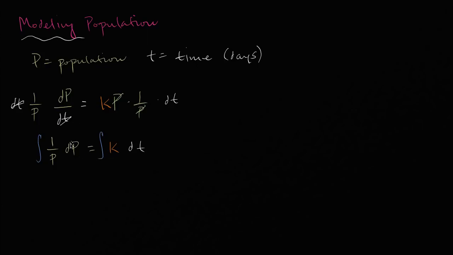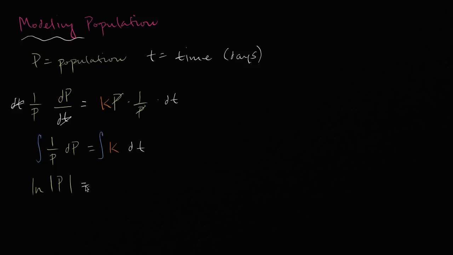Because this was a separable differential equation, we were able to completely separate the P's and dP's from the things involving t, or I guess the things that aren't involving P. If we integrate this side, we would get the natural log of the absolute value of our population. And we could say plus some constant if we want, but we're going to get a constant on this side as well.